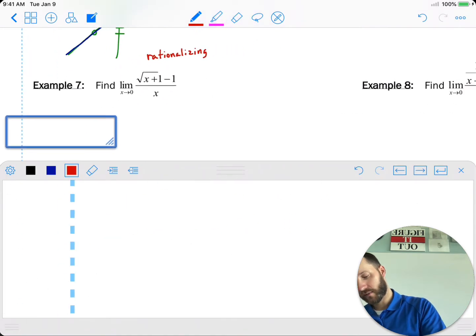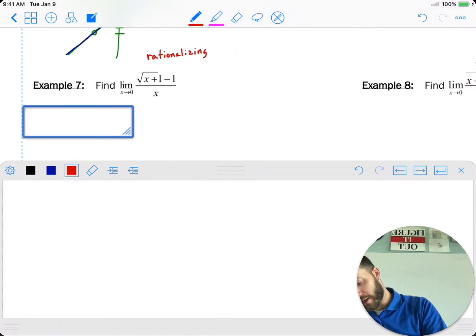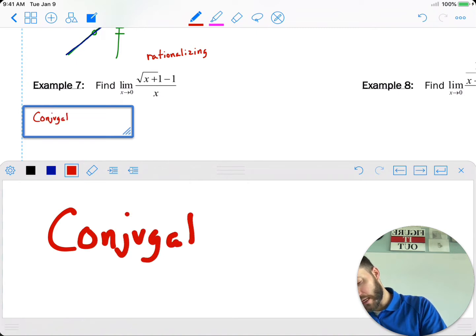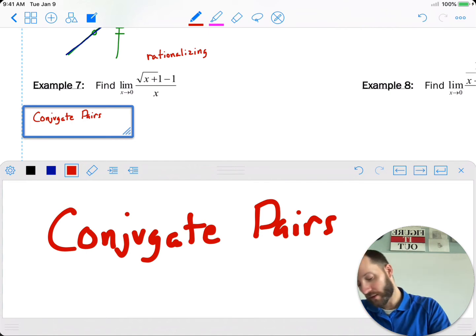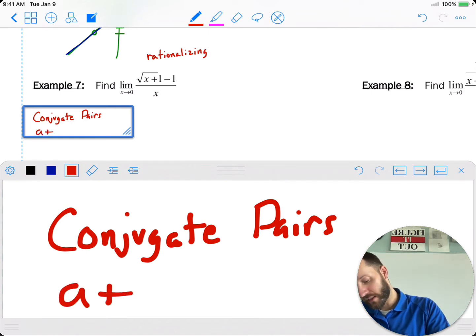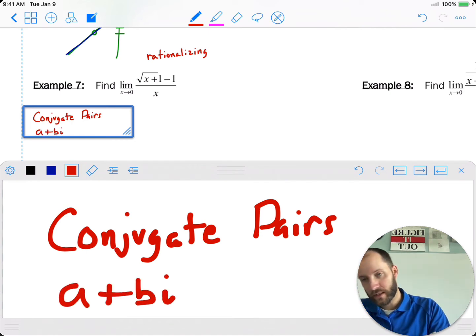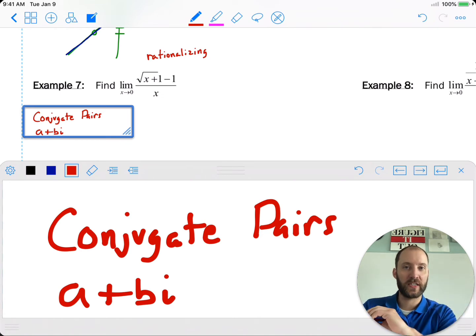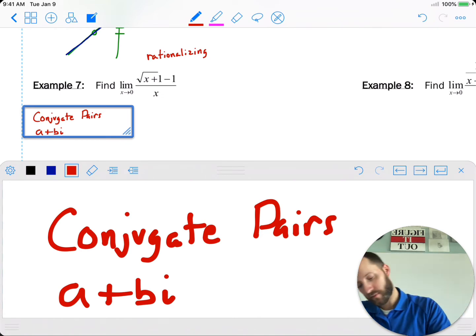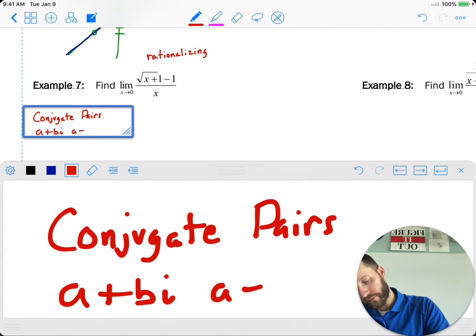Conjugate pairs kind of have their roots in imaginary numbers. If you have an imaginary number, a plus bi, the conjugate pair is just the minus: a minus bi.